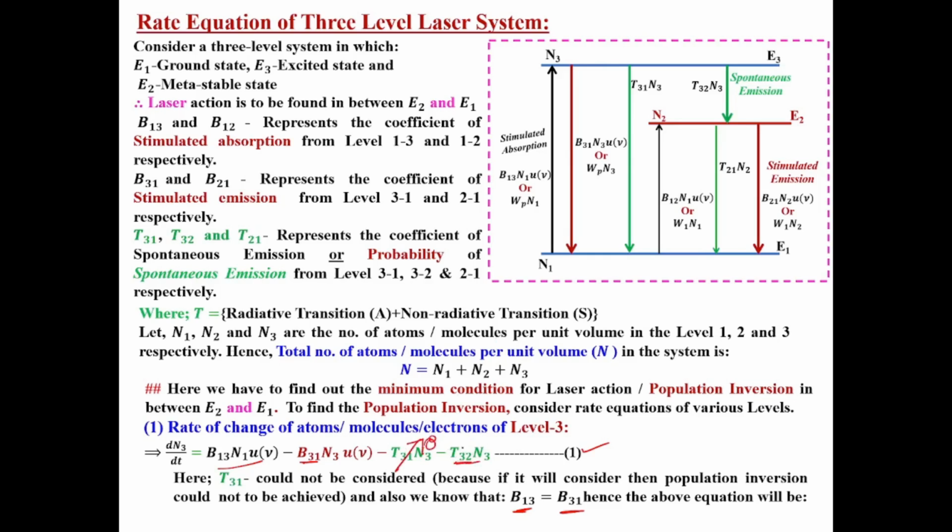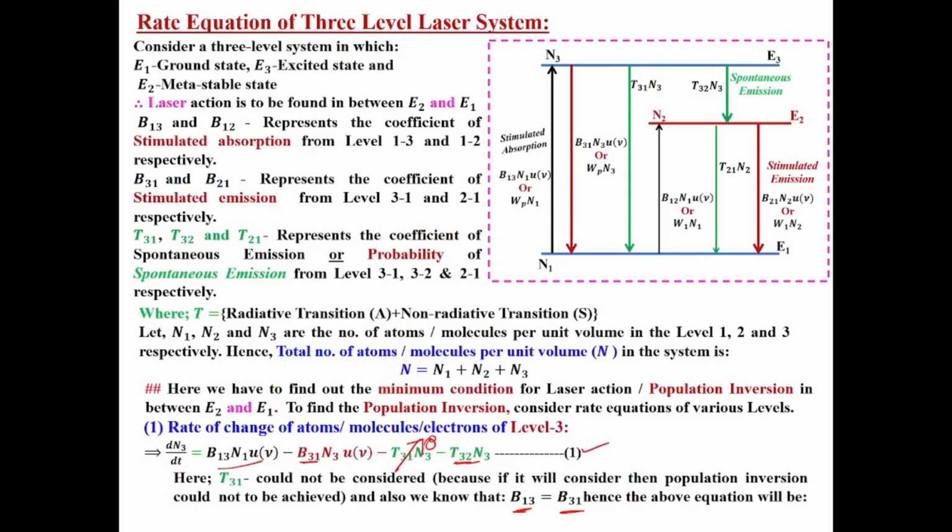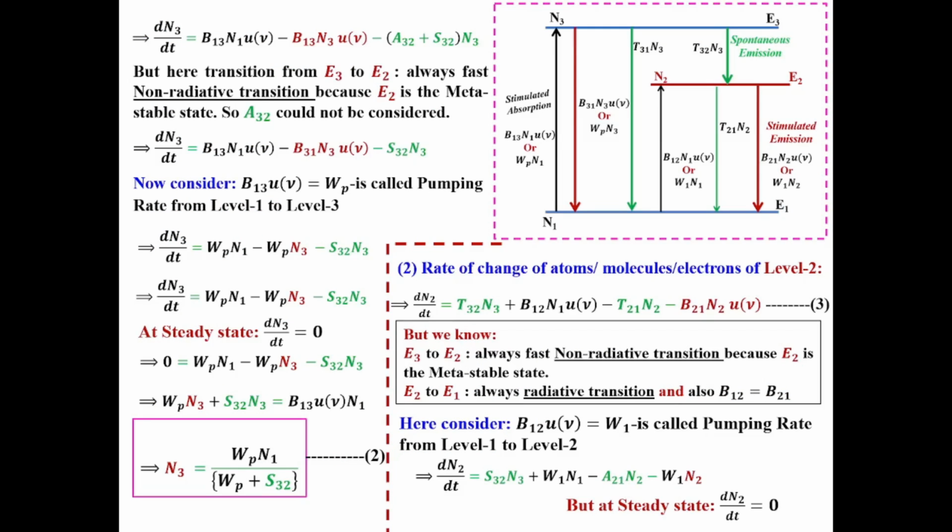The term T32 N3 is written as A32 plus S32 N3, because T, the total spontaneous transition, is the sum of radiative and non-radiative transitions. A is written for radiative, S represents the non-radiative spontaneous transition, right?